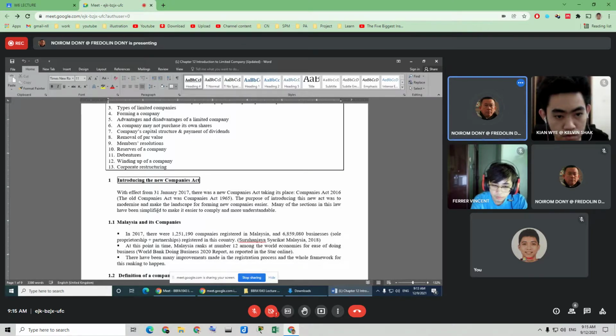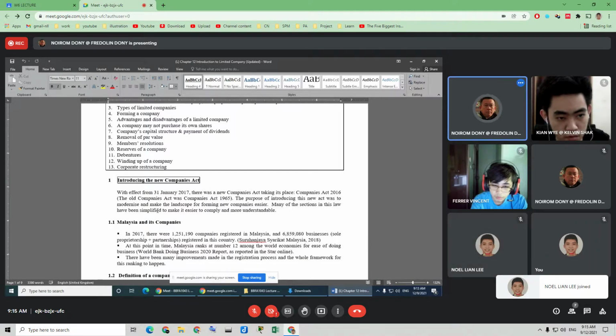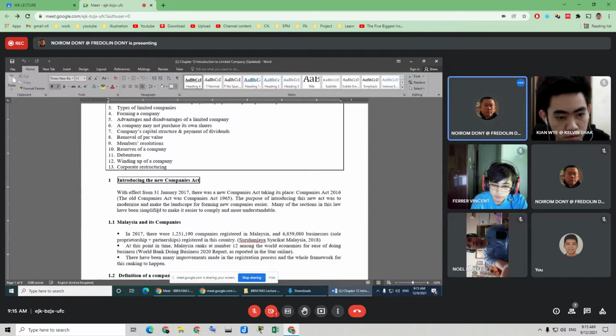And they want to make it much easier to form a company compared with the previous years. So they have to set the sections in the new Companies Act. So make it simple.